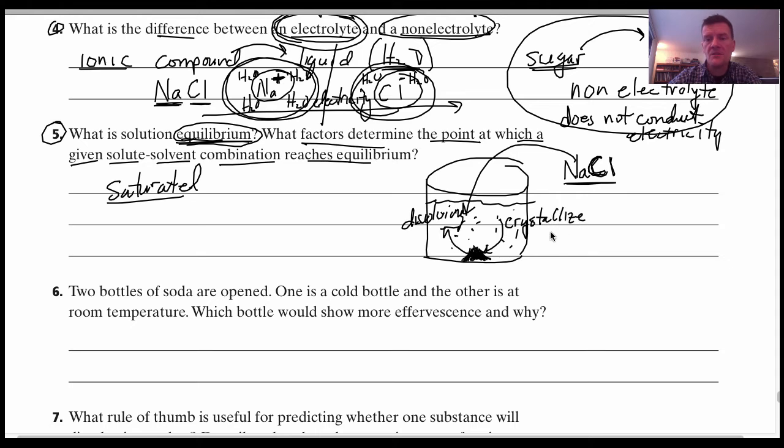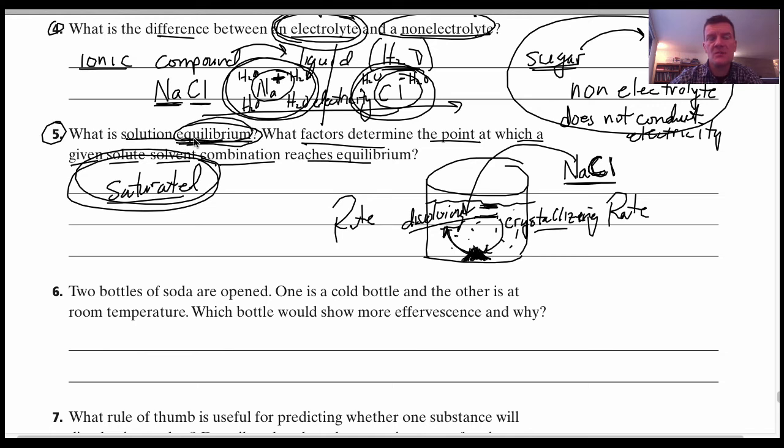So there's crystallizing and there's dissolving. And these two processes, when you have a saturated solution, are in equilibrium. I should say the rates of those two are in equilibrium. So the rate of dissolving is equal to the rate of crystallization. These two are equal to each other when you have a saturated solution, and we call that solution equilibrium.